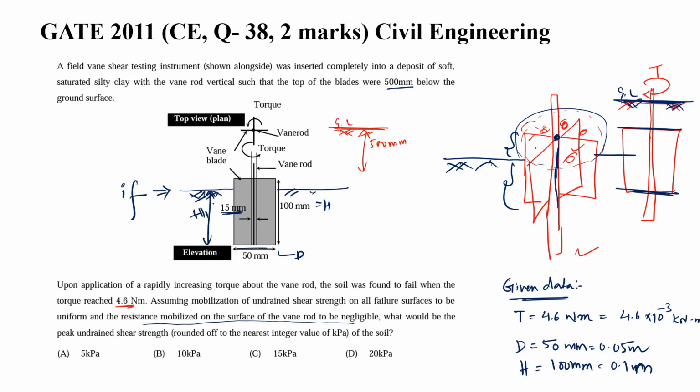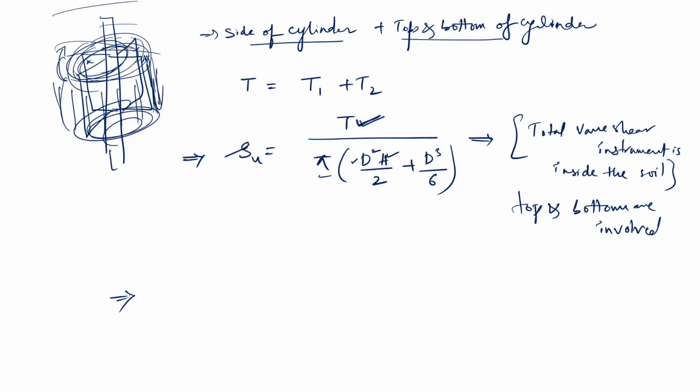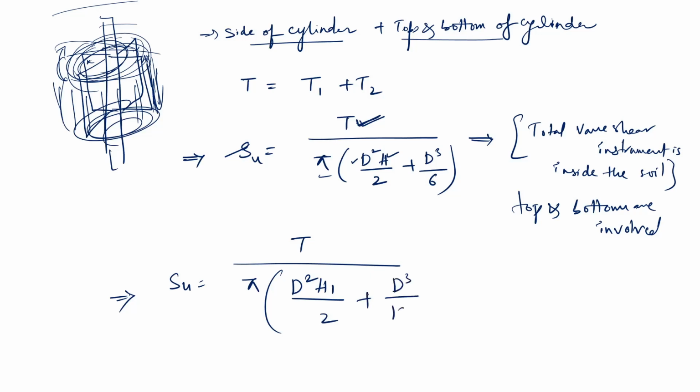Let us say this is h1. There is no top portion; only h1 is involved in the failure. In that case, the Su value will be T by pi into (d square h1 by 2 plus d cube by 12).